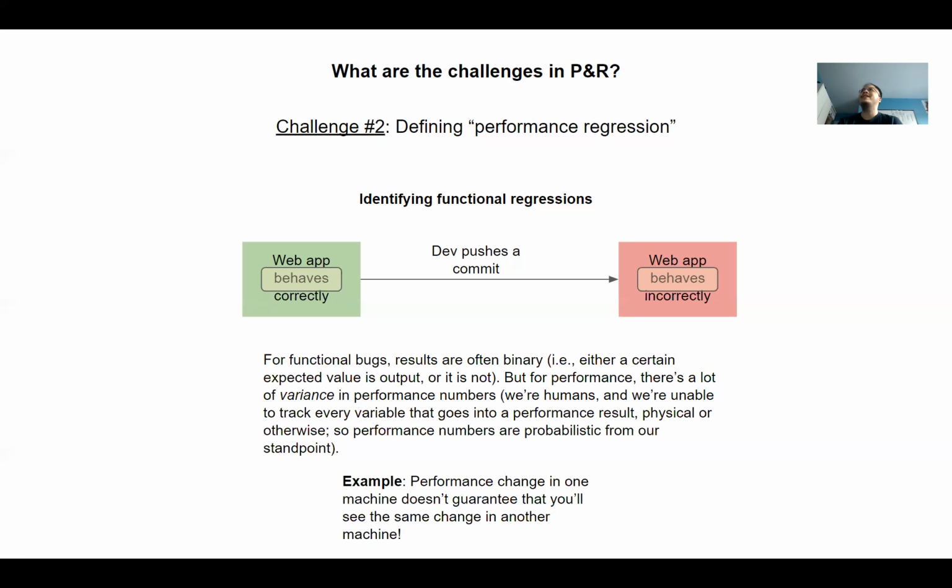So you won't necessarily get the exact same number each time you run a performance test, similar to what you would get for functional tests, right? Because of that inherent variance and inherent non-determinism, it's very, very hard to make that assessment, right? So as I said here, performance change in one machine doesn't necessarily guarantee that you're going to see the exact same change in another machine.